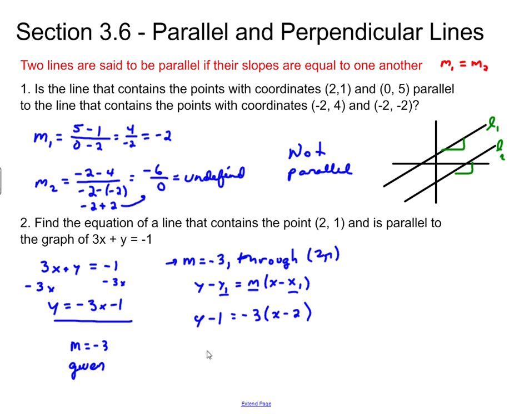Now, if we simplify this to put it in slope-intercept form, you'll see that we get y minus 1 is equal to -3x, and -3 times -2 is plus 6. We add 1 to both sides, so we get y is equal to -3x plus 7. So this is the equation of the line that is parallel to our original given line.